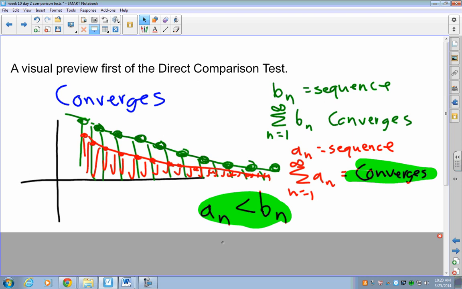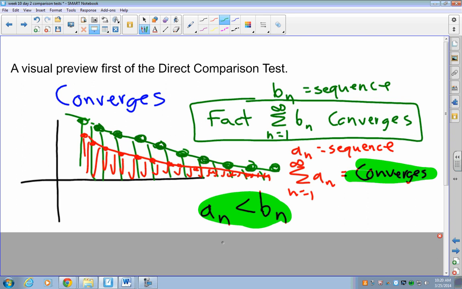If I give you the green guy, just like I drew on the last page, and you know for a fact that the green guy converges, and I give you a red guy that is always smaller than the green guy, well, if you know for a fact the green guy is converging, then you know the red guy also has to converge because he's smaller than the green guy.